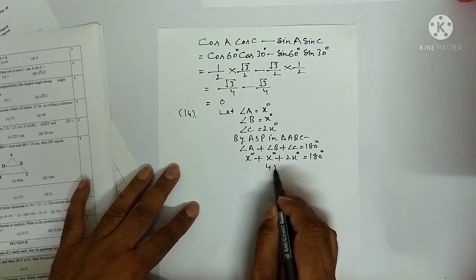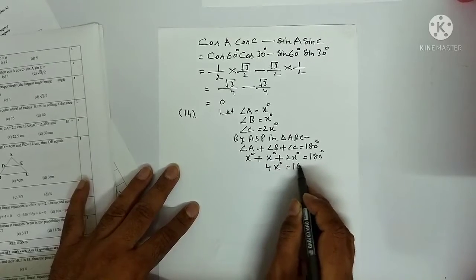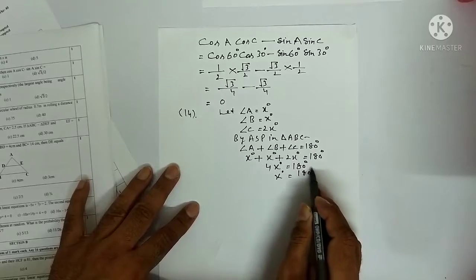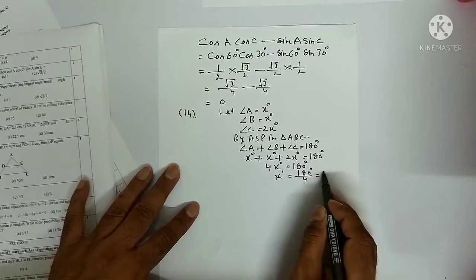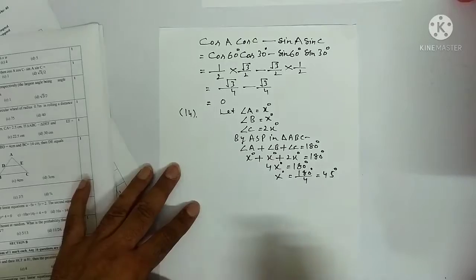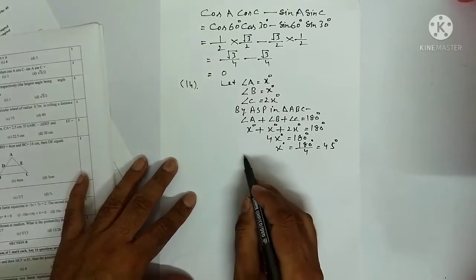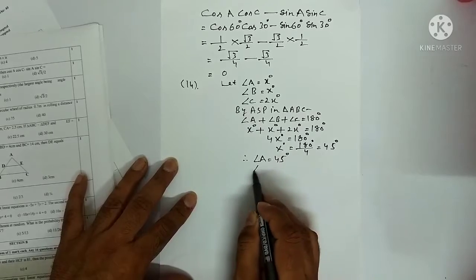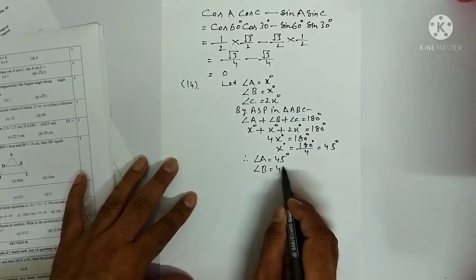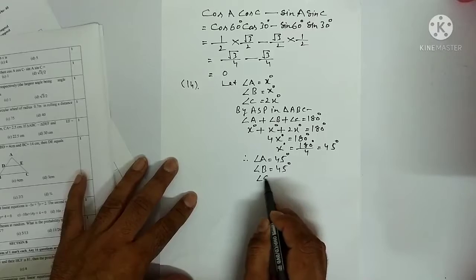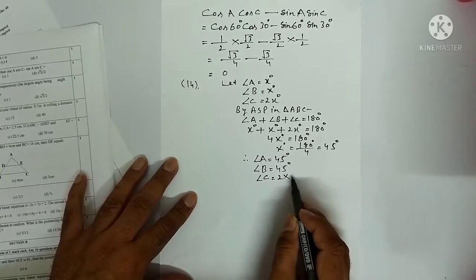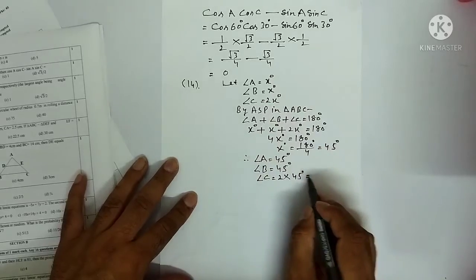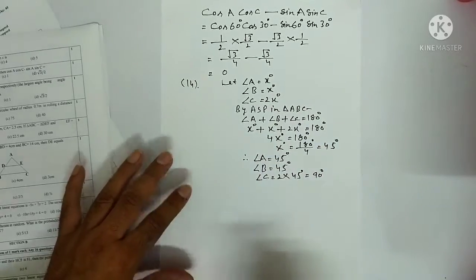This is 4x degree equal to 180 degree, and x degree will be equal to 180 degree divided by 4, which is 45 degree. Now angle A has come out to be 45 degree. Angle B is also 45 degree and C we have assumed 2x degree, so 2 into 45 degree is equal to 90 degree.